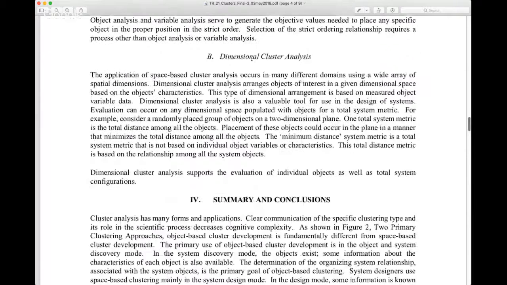So dimensional cluster analysis is basically the way that it's used in the system design world. You start creating a dimensional space, and the dimensions are usually characteristics of the final system or some attribute of the final system.